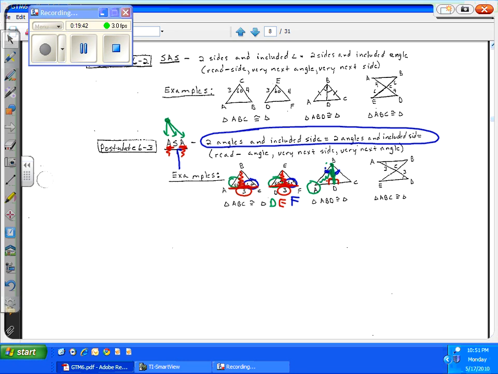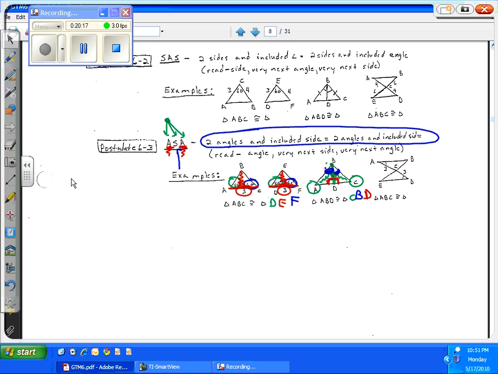And over here, opposite that green side is C, so the A must be equal to C. The angle B's both had one arc, so that told us that angle B was equal to angle B. And the D's both had a 90, so it tells me D's equal to D. Any questions on that? Those are congruent by angle, side, angle.